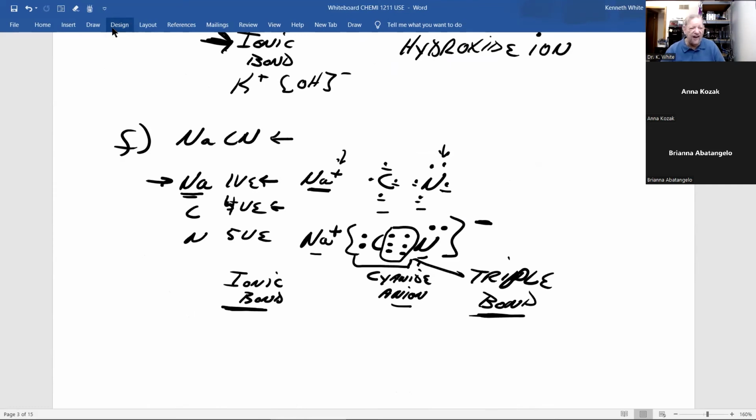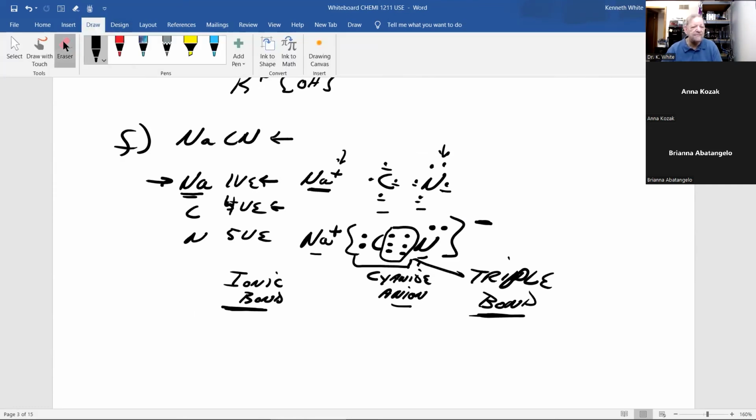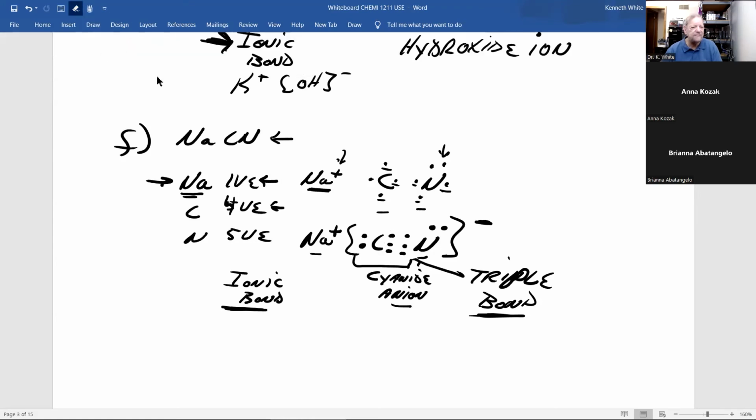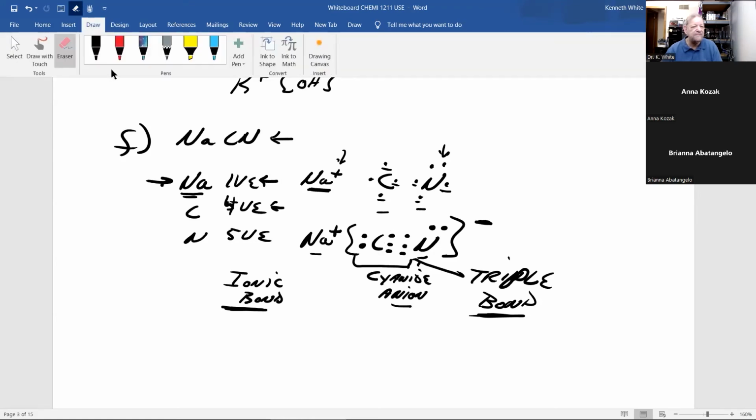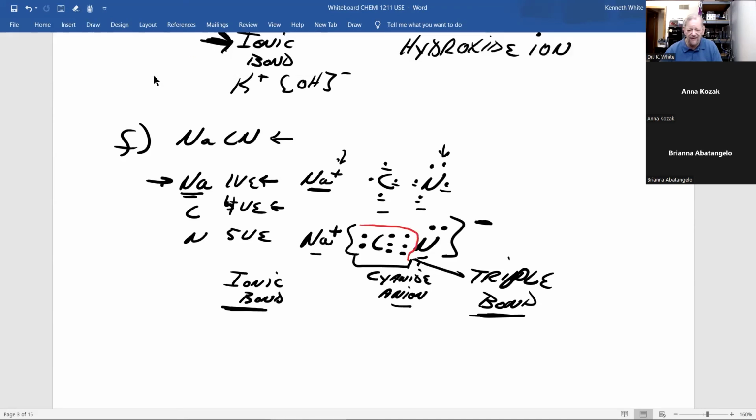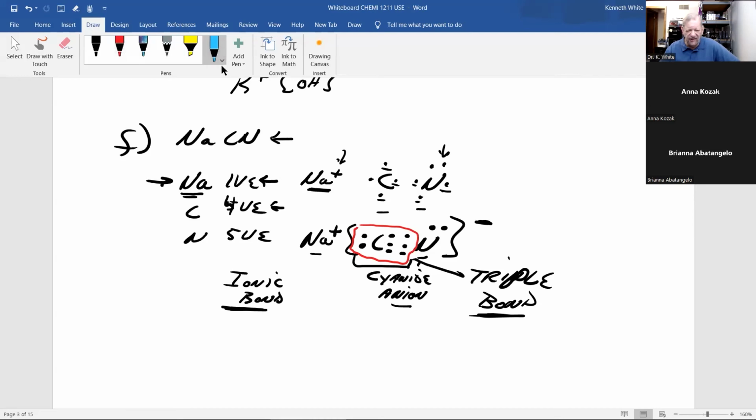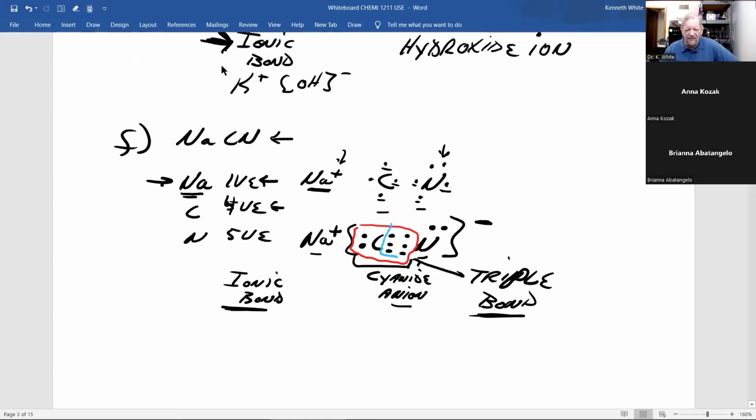Now, just to check, if we look at carbon, how many valence electrons does carbon have? 8. If we look at nitrogen, how many shared and non-shared electrons does it have? 8.